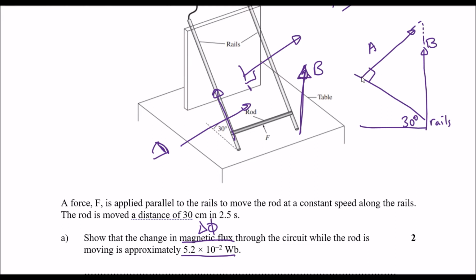Now, knowing that this is a right angle triangle, we can also work out, given that B is perpendicular to our surface, this is an angle of 60, right, because it adds up to 90, which means that, assuming all sums of a triangle, this is also 30 degrees here.